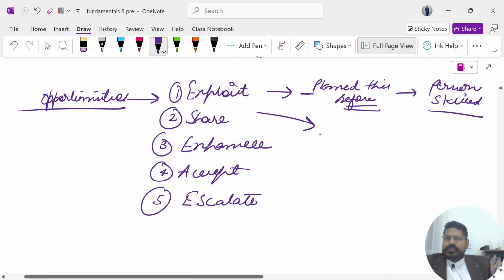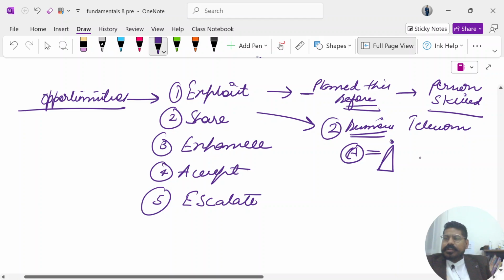Share means you are sharing. For example, let's say two business houses came together for telecom projects. Company A is creating telecom towers, and company B is providing services. For example, Indus Tower and any other service provider company.